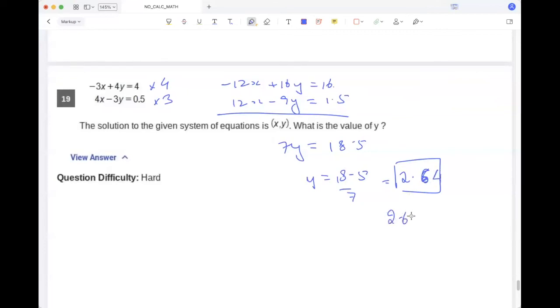So I'm getting 2.64 actually. Let me just make sure I did everything okay. 7 by, 17.5. Yeah, this was 17. Yeah, so then you do get 2.5, right? Yeah, y is 2.5.